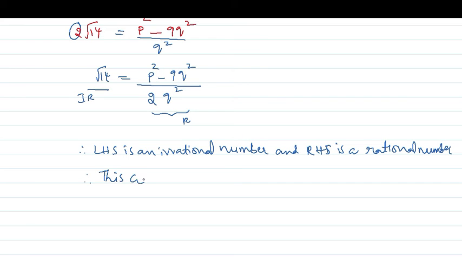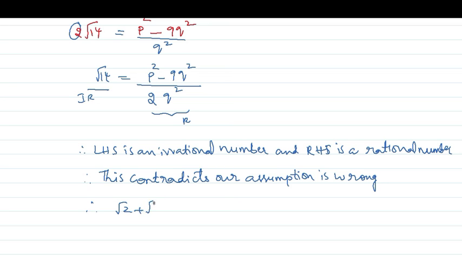This contradicts our assumption, so our assumption is wrong. Our assumption was that it is a rational number, but that is wrong. So we can conclude that root 2 plus root 7 is an irrational number.